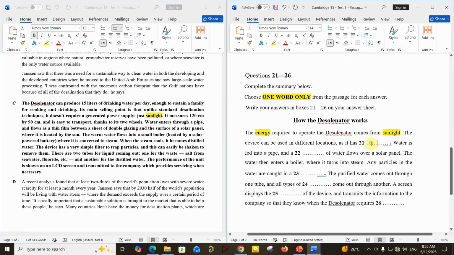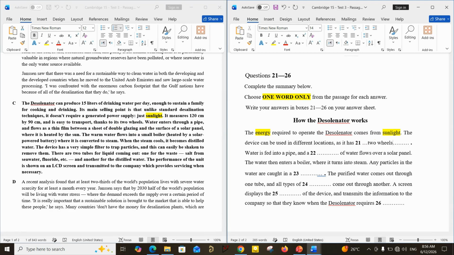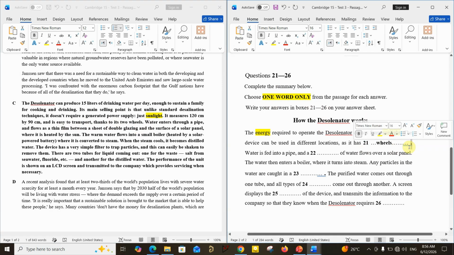But should I write 2 wheels? No, 2 wheels is not the right answer. Why? Because it says only one word, so you have to write just wheels. This is the answer for the first question, wheels.